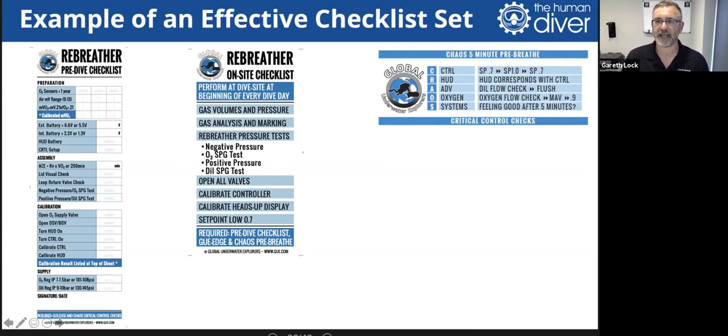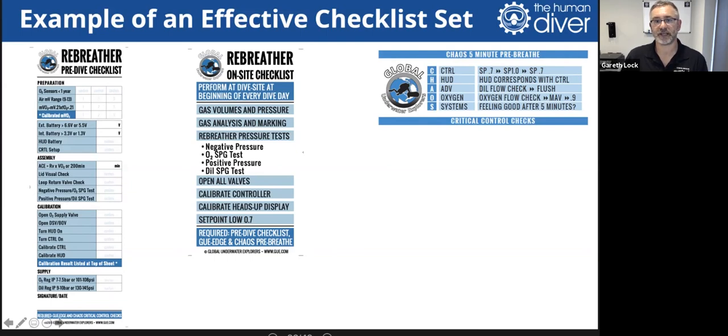The head-up display responds as it should do in terms of the controller. That you can flow check the ADV, you flush, check the PO2 changes. And the same thing with the oxygen, and you drive the PO2 high and hold it up there. And then there's just a systems check.